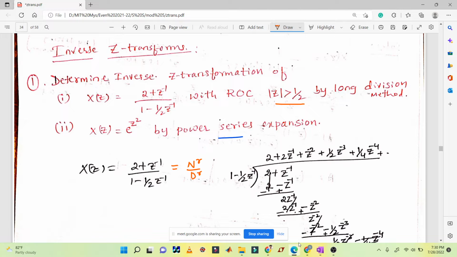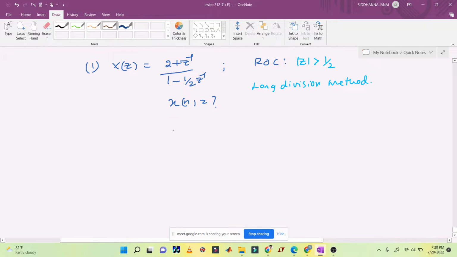The denominator will go into the brackets. So what do we have to do? 2 plus z inverse, and 1 minus 1 by 2 z inverse will be here. You can take z common and then do the calculation, or you write it as z inverse plus 2, and here minus 1 by 2 z inverse plus 1. Both will yield the same result.